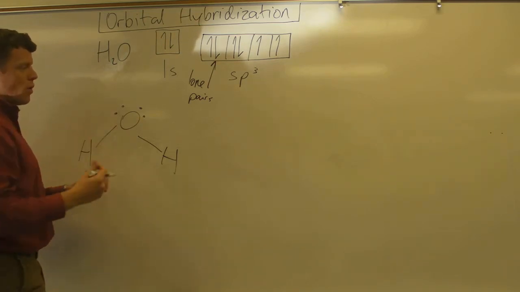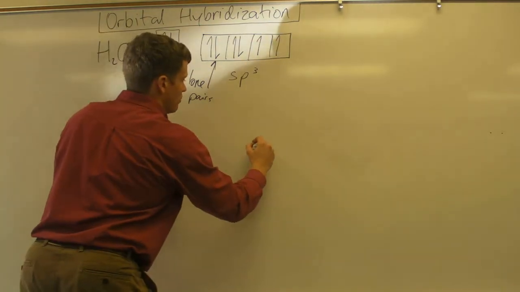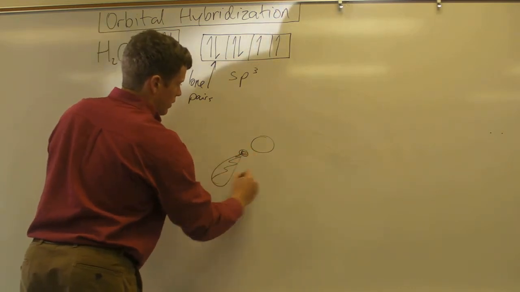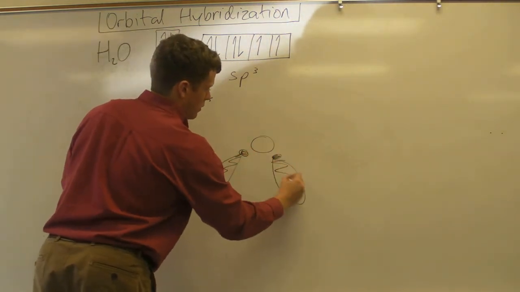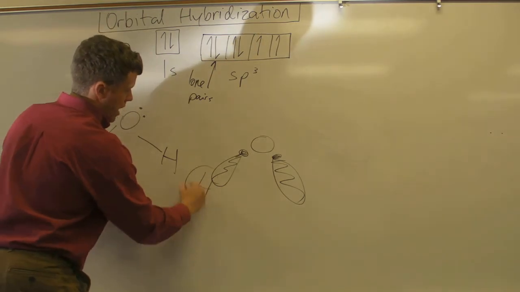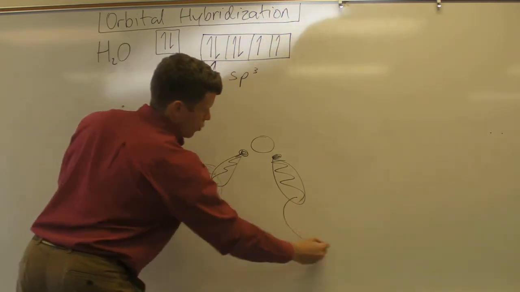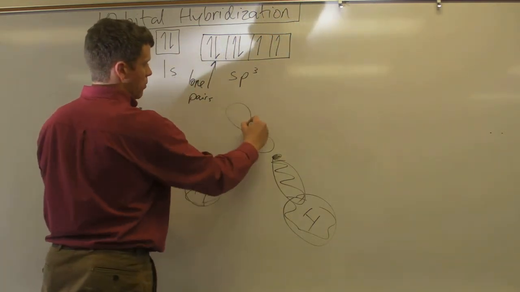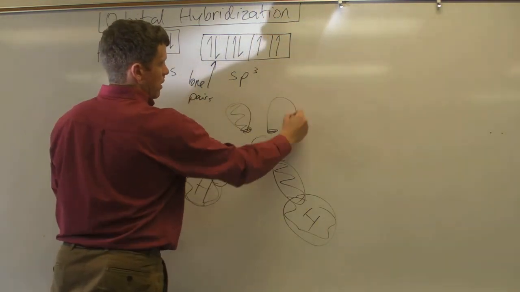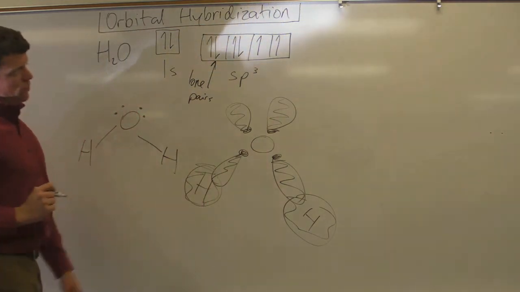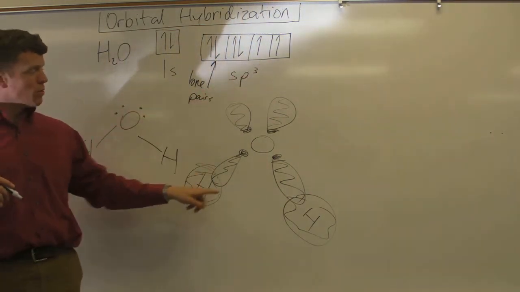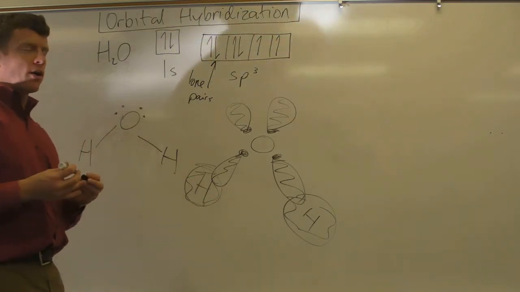So same sort of idea. This time though, if you imagine oxygen's in the middle, hydrogen could combine here with its orbital, and then oxygen's lone pairs just exist that way. So it's still sp3, even though you'll have only 2 bonded pairs of electrons, still sp3.